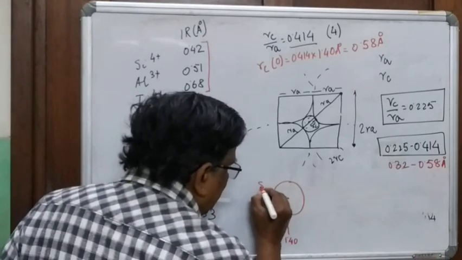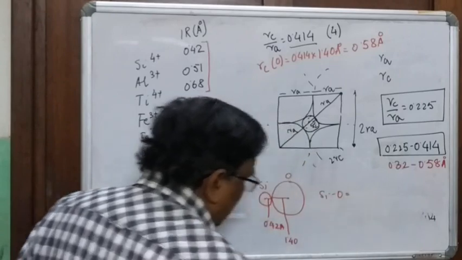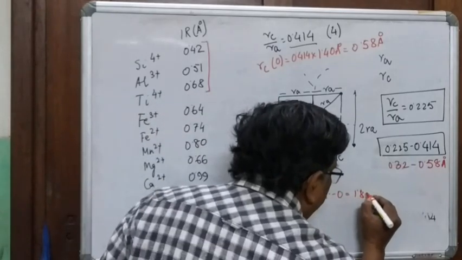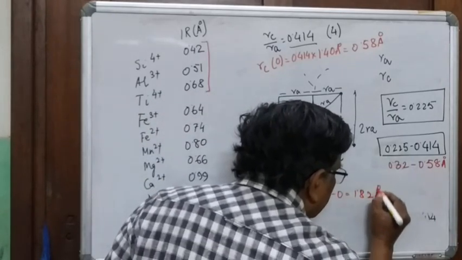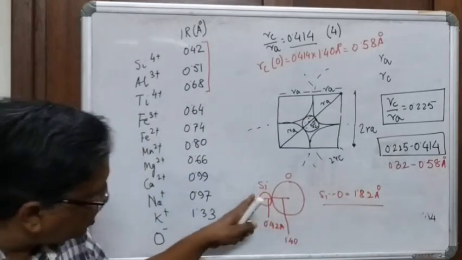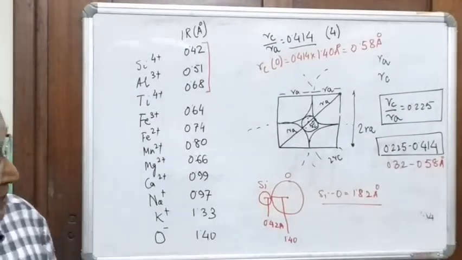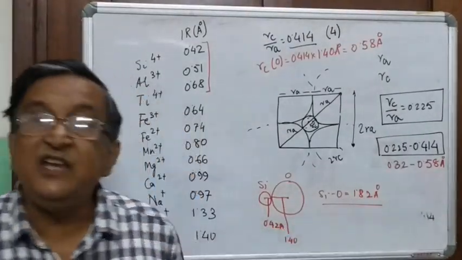So the silicon-oxygen bond length would be equal to 1.82 angstroms. The silicon-oxygen bond length, if they were ionically bonded, would be 1.82 angstroms.